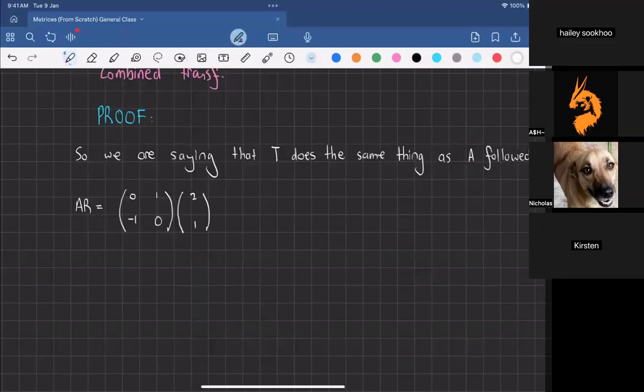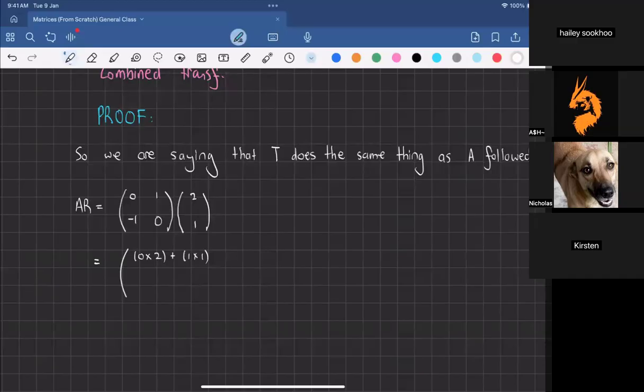You did the multiplication wrong, so check how we just do it. I would say 0 multiplied by 2, the first element, plus the second element by the second element: 0 by 2 plus 1 by 1. You see a mistake? You said 1 by 2.